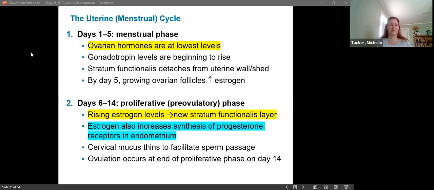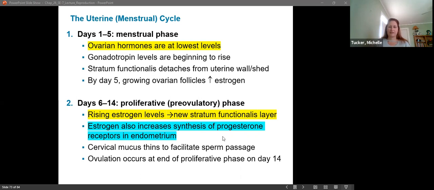Days 1 through 5, menstrual phase, ovarian hormones are low, gonadotropin levels are beginning to rise. The stratum functionalis is going to detach from the uterine wall and shed. And then because the FSH and LH are starting to rise, these ovarian follicles, a group of 20, are starting to mature and release estrogen. Those rising estrogen levels are going to cause the stratum basalis to proliferate and create a stratum functionalis layer.